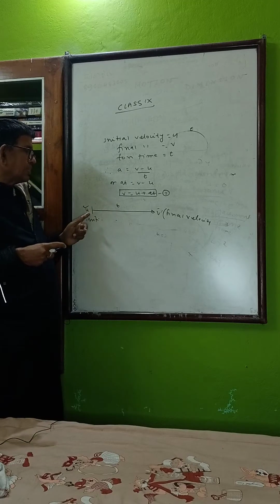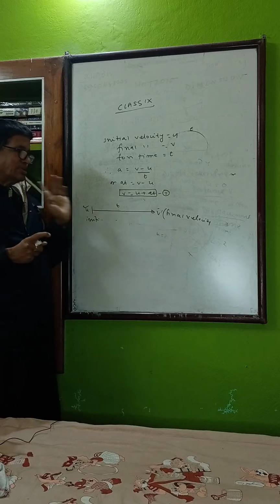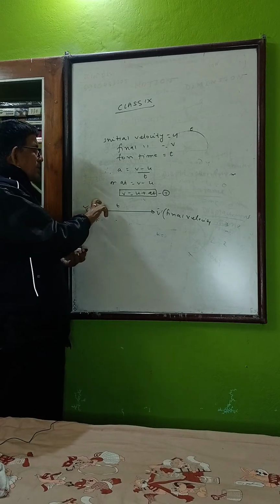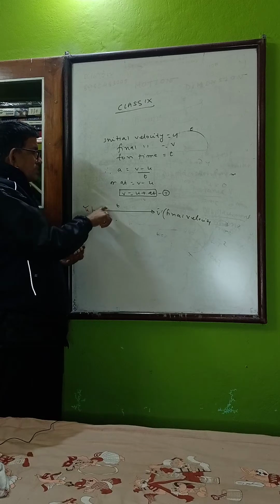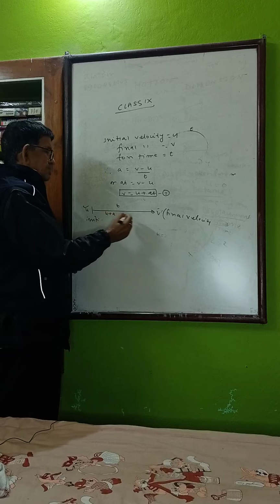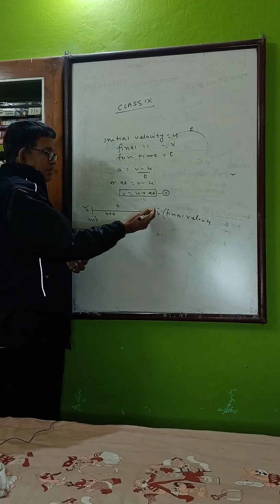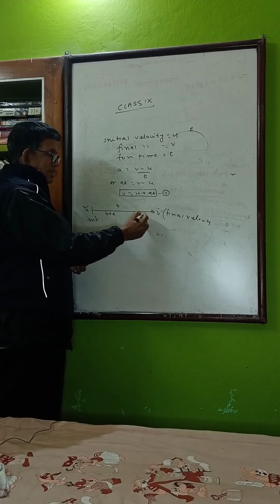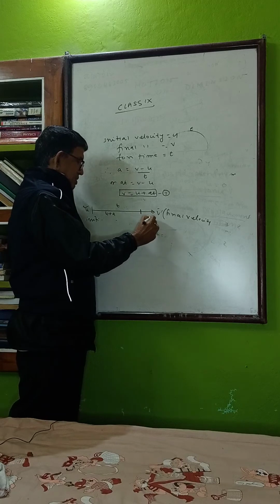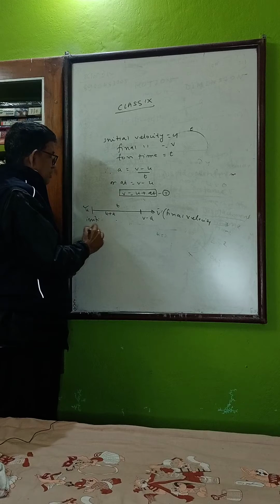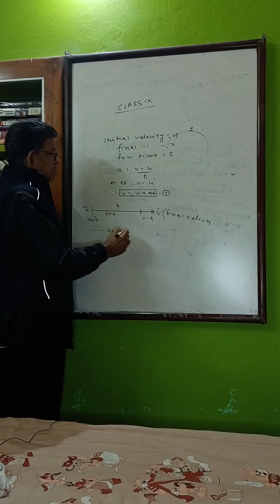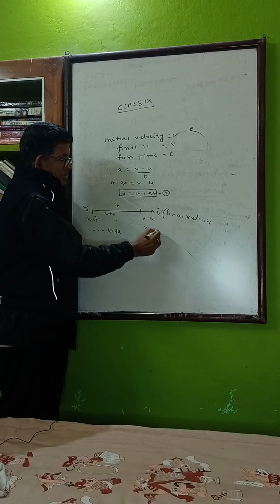Children, first consider what is the velocity after 1 second, that is u plus a. Here a is the acceleration. What is the velocity 1 second before the end of the journey? Then it is v minus a. After that, consider the velocity after 2 seconds from the start of the journey, and the velocity before the end of the journey.